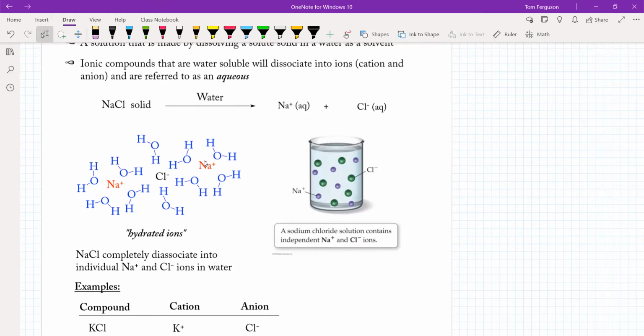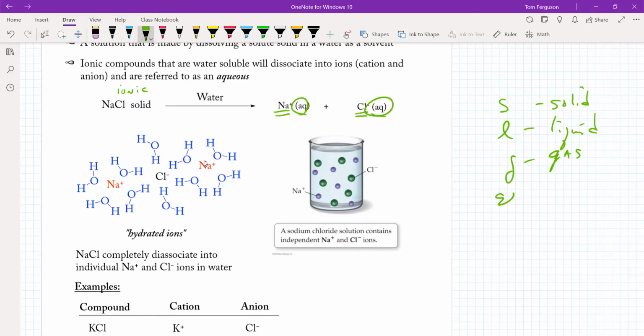If we take a solid such as table salt, sodium chloride, and drop it into a glass of water, what happens is, because sodium chloride is an ionic solid, it breaks up into sodium and chloride ions in water. Now remember the states: s, l, g, aq.